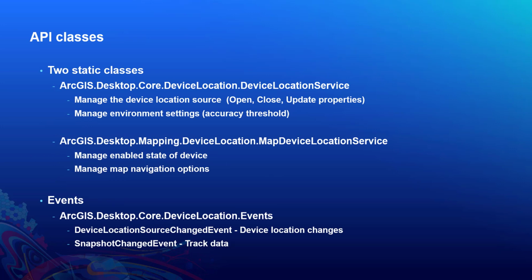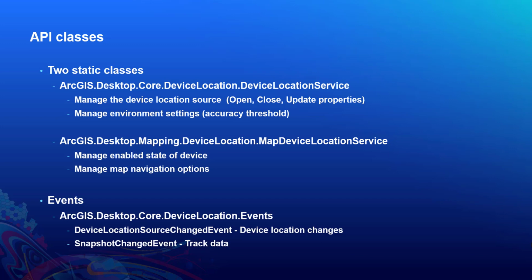To work with the API, there are two static classes in two different namespaces. The Device Location Service class is located in the arcgis.desktop.core.deviceLocation namespace, and this allows you to manage device location sources with methods for opening, closing, updating properties of device locations.